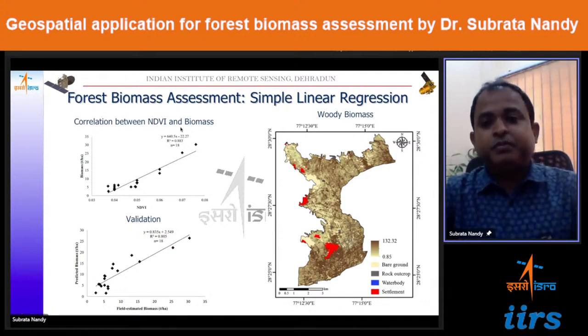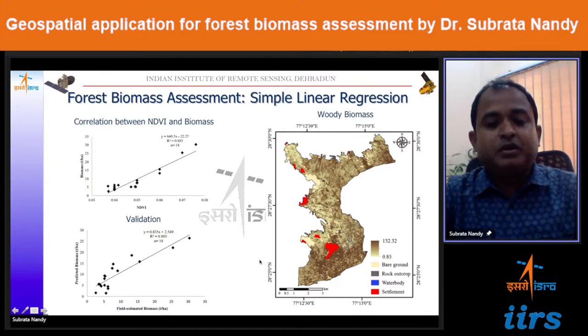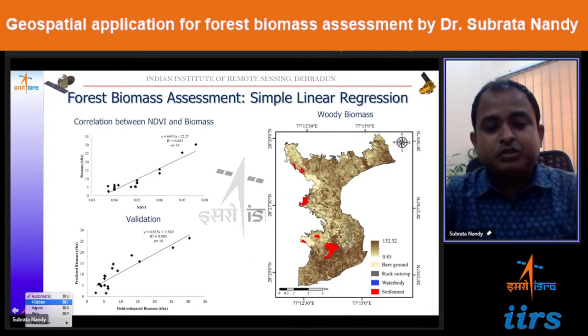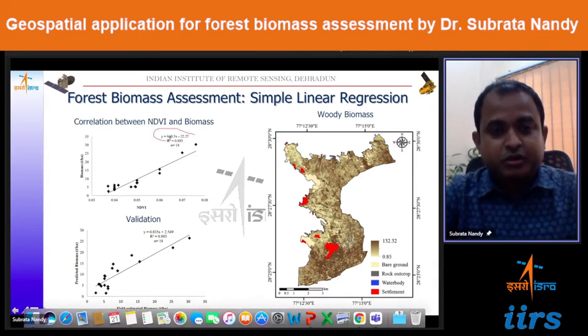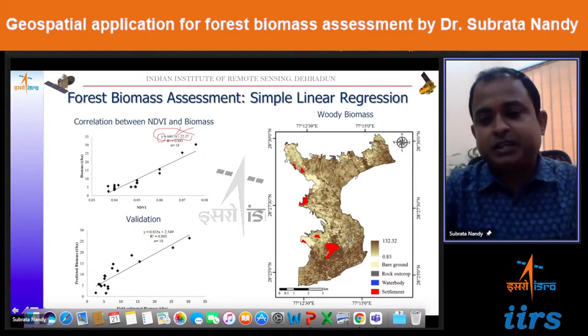Using this relationship, we can map the biomass of this area like this. If you see this equation, y equals 640.5 x, where x is NDVI and y is your biomass. So the input will be your NDVI image, and you'll get the biomass image like this.